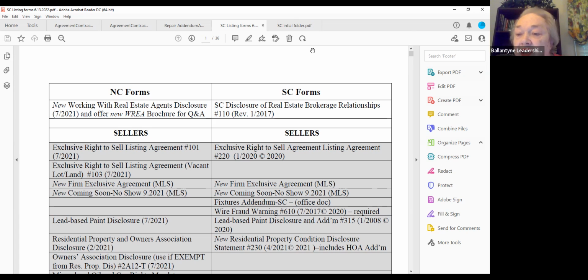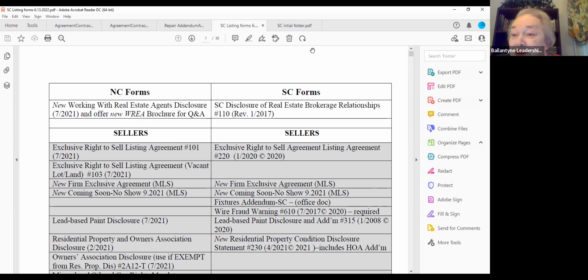So make sure that, like I say, if you know the names of the forms in one of the states, you can find the corresponding form in the others. I tell you what, just the names of the forms are so confusing. After you get to know the name, it's not so confusing, but trying to correlate it initially it is. So this little form will be a good cheat sheet for you.